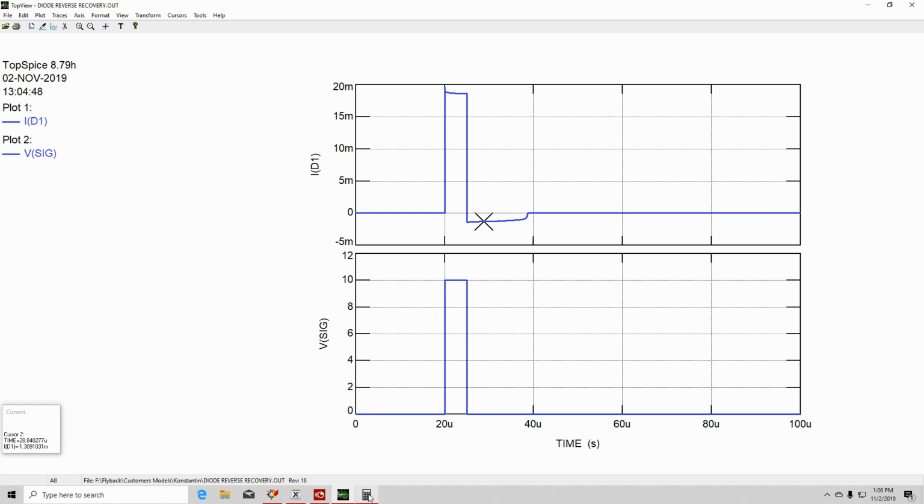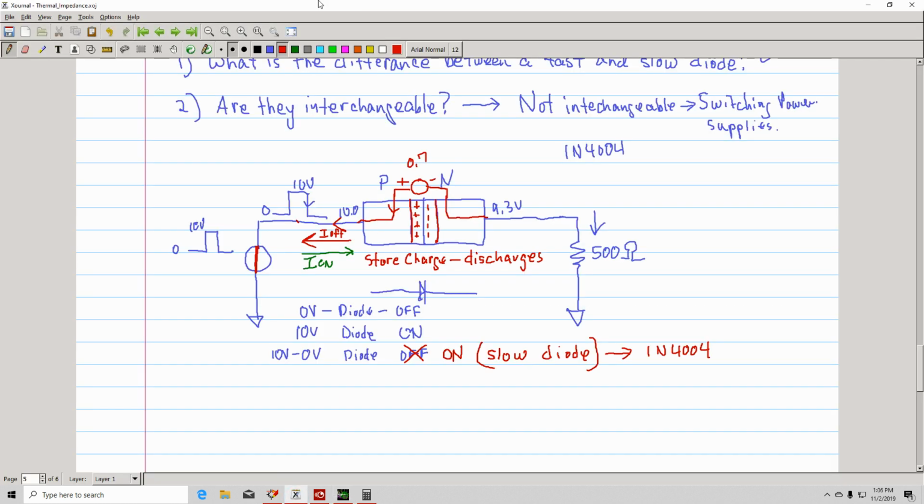Okay, so in that case, this is what's happening. So now, since this is short, the current ID during the transition off is going to be approximately 0.7 divided by 500.